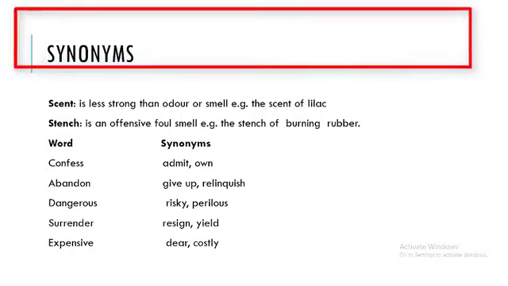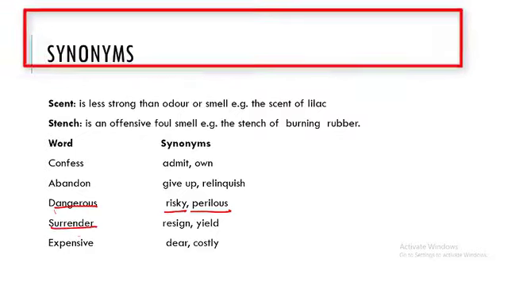So look at the following words and look at their synonyms. To confess means to also admit. It also means to own up. We also have abandon. Abandon could mean to relinquish. It could also mean to give up. Dangerous could also mean risky or perilous.